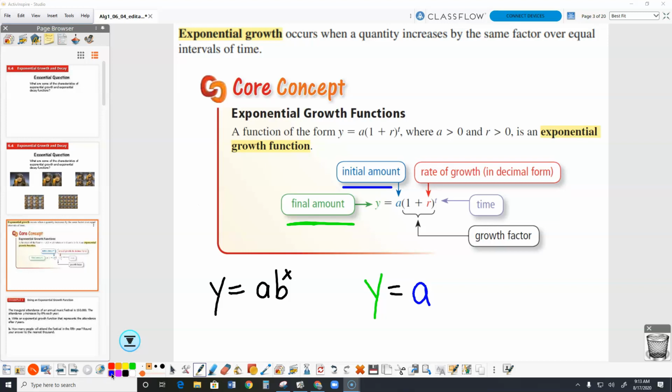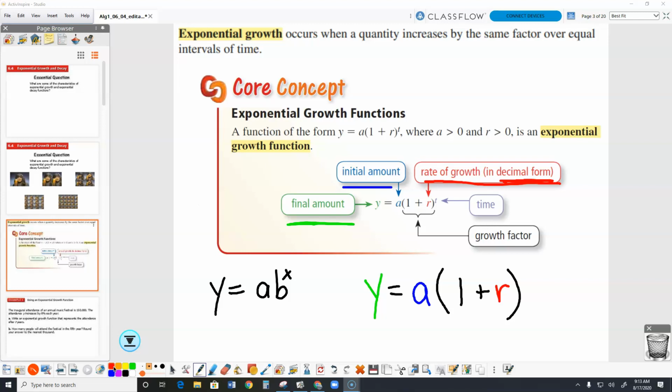But instead of b, we're going to replace b with the expression 1 plus r. And the r is going to be the rate of growth. Rate is usually a percentage, and we'll have to change the percent into decimal form in order to use it in the equation.